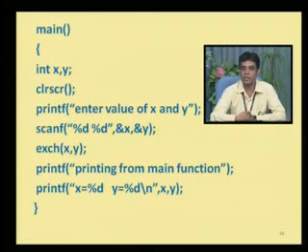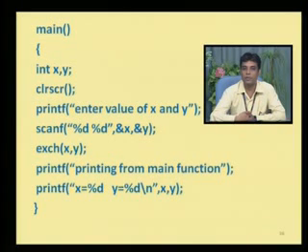When the function is called with x comma y, it goes to the definition of exchange, where temp equals a, a equals b and b equals temp. If we give 2 and 3 from here, it goes to that program and swaps the values from a to b and gives the answer. We are printing from the exchange function, not from the main function.